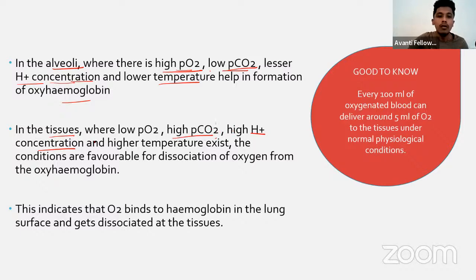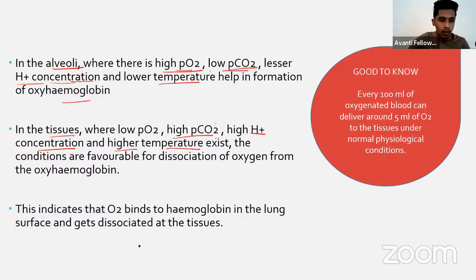At the tissue level, there is also higher temperature. When there is higher temperature, higher concentration of H+ ions, high partial pressure of carbon dioxide, and low partial pressure of oxygen, the oxygen molecules will exit from the hemoglobin, dissolve in the blood and be absorbed by the tissues.